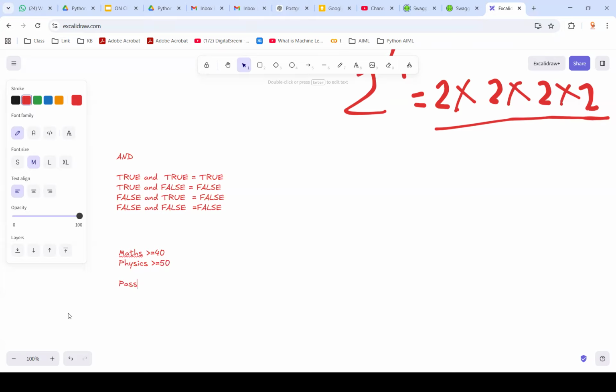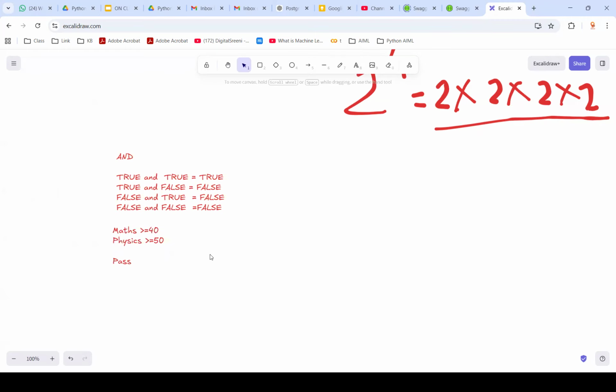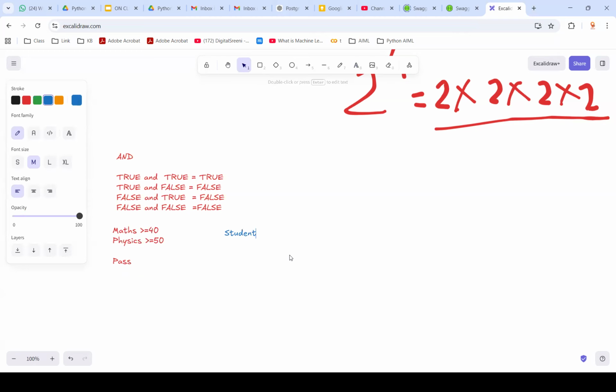Now, coming to the actual condition. In the actual condition, maybe student one got 50 in maths and 50 in physics. This is the first case.